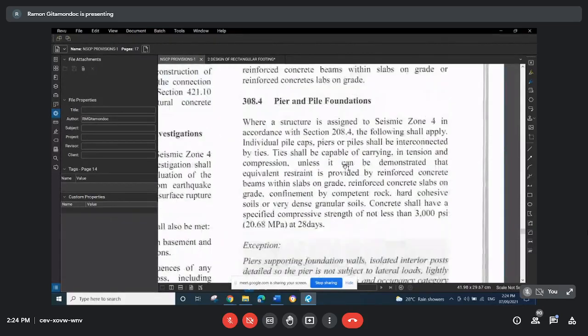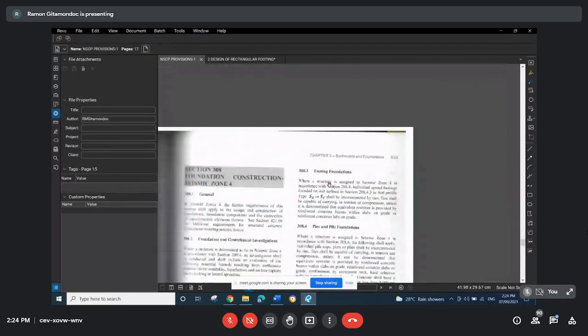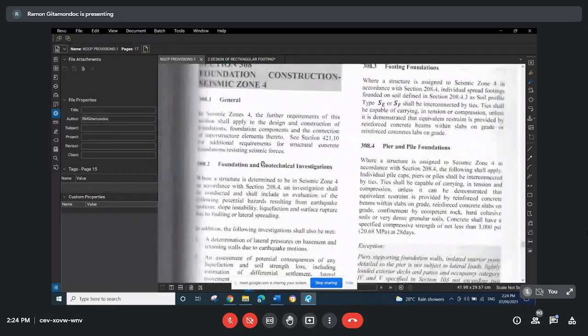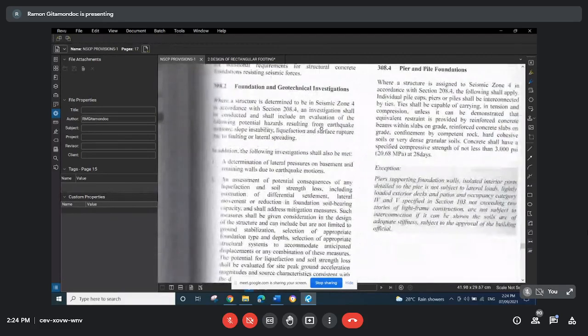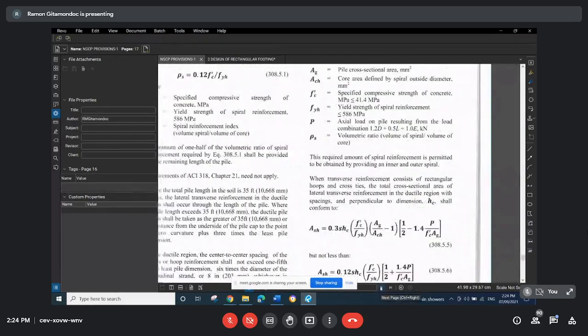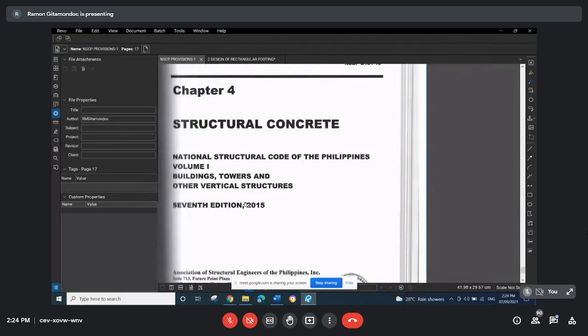So you have the provisions for pier and pile foundation. So foundation construction, seismic zone 4. I think this is the one that we have already read. Okay, so that's it.